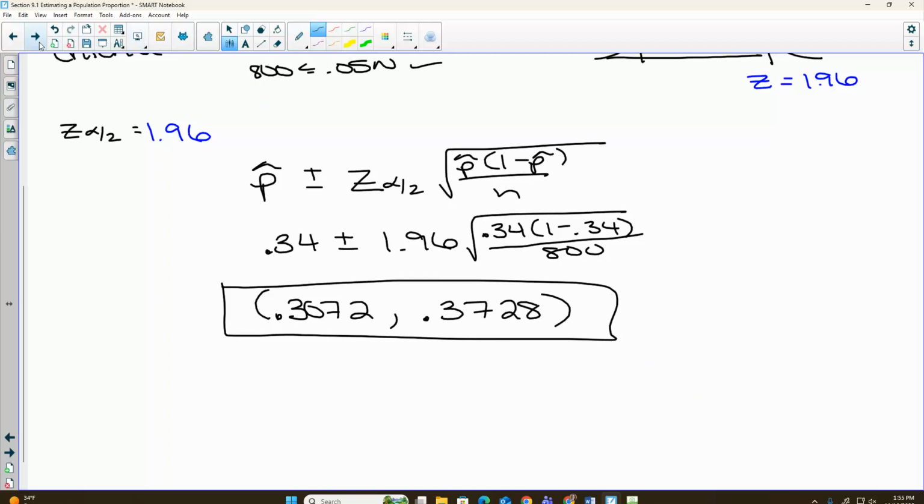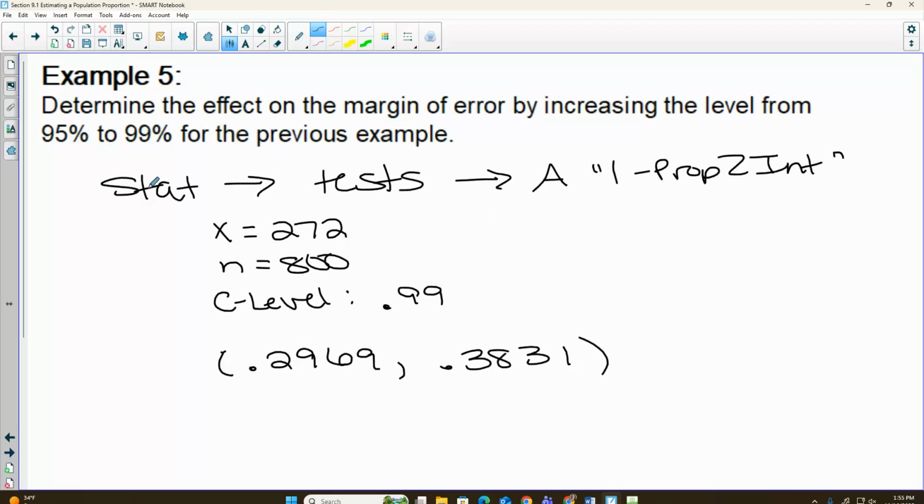We were supposed to comment on the difference. So what happened to my interval when I went up to 99%? A wider interval, because it increased the error.